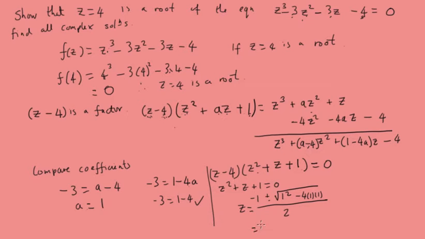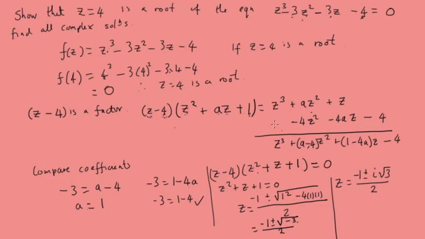So this will work out minus 1 plus or minus square root of minus 3, all over 2. So z is going to be equal to minus 1 plus or minus i root 3 over 2.